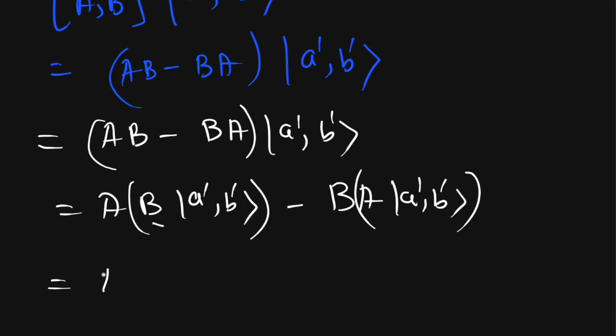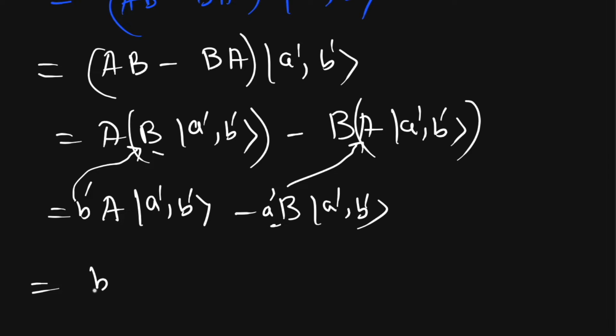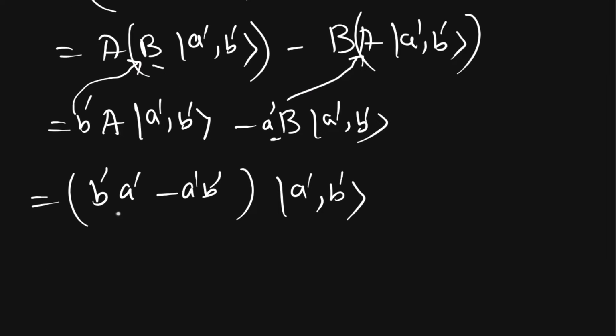That means it will get b'a'|a', b'> minus a'b'|a', b'>, where a' is the eigenvalue corresponding to operator A and b' is the eigenvalue corresponding to operator B. Since these two are numbers, and numbers are completely commutative, a'b' is equal to b'a'.